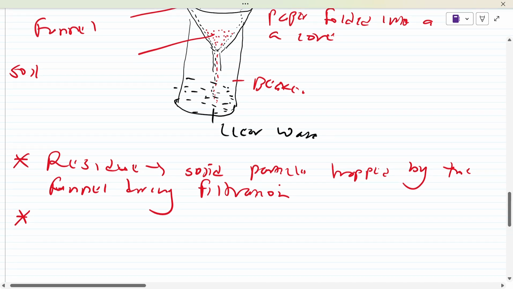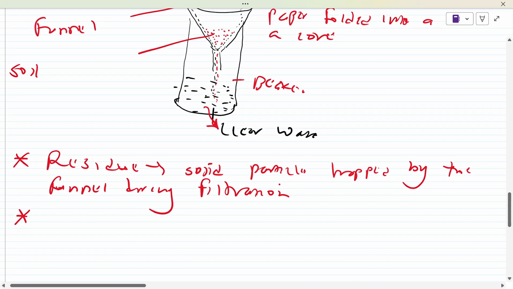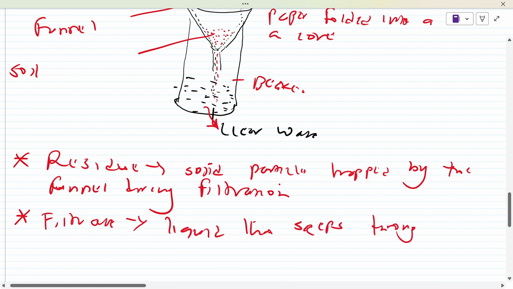Next, the liquid that goes out, that clear water, is called filtrate. It is the liquid that passes through the filter paper.